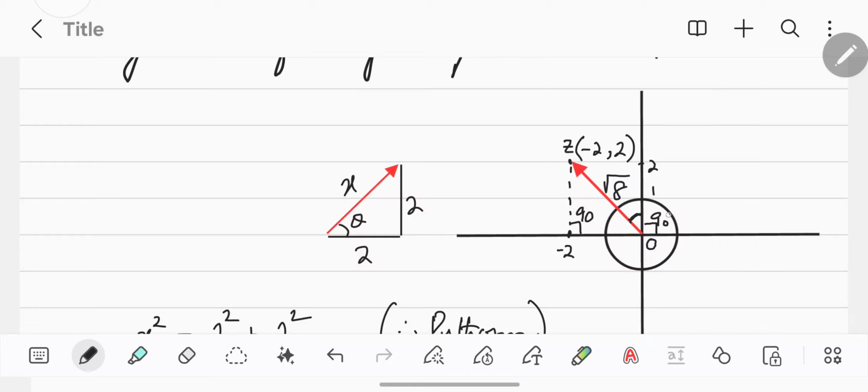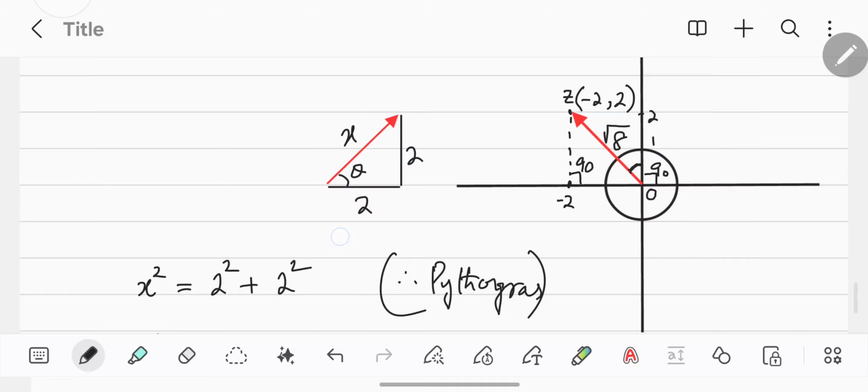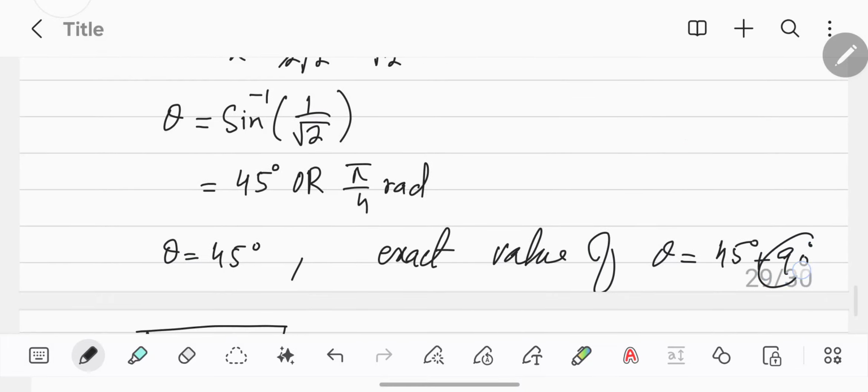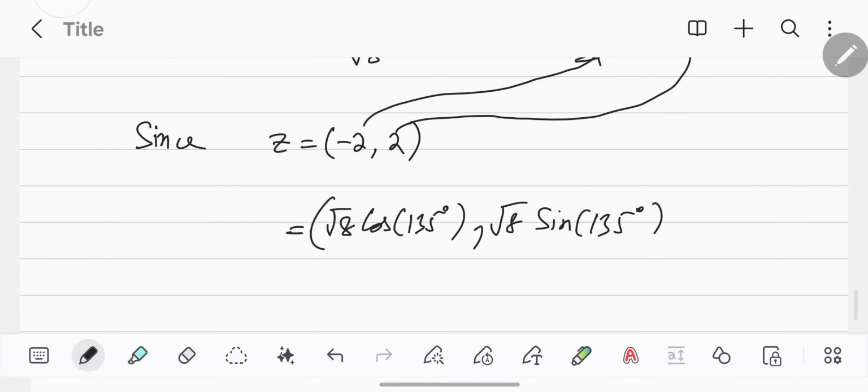If it was in this direction, then my triangle would be in the first quadrant. Since I have not written minus 2, I have written plus 2 here, and I have added this 90 degree when I found the angle here. So that means there is no need to care about this negative, okay, because my angle will tell me this 2 will be negative. Okay, this angle is in the second quadrant, so no need to write this minus.